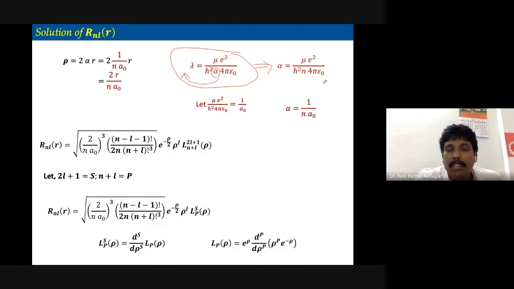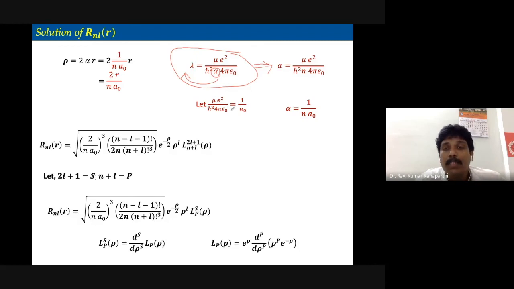You will get alpha equal to mu e square upon n square h cross square 4 pi epsilon naught. In this expression, everything is a constant, so you can replace mu e square upon h cross square 4 pi epsilon naught with another constant, that is nothing but 1 over a naught.